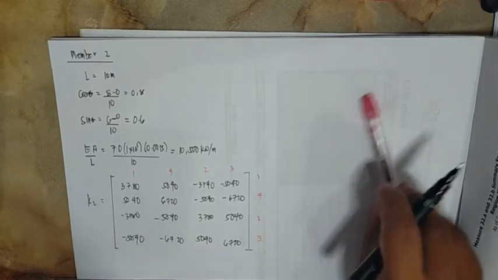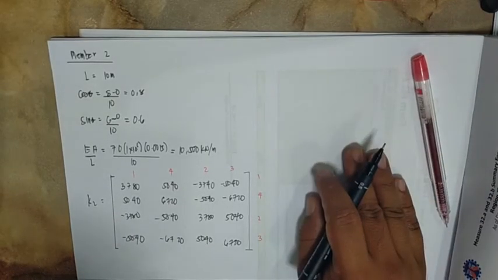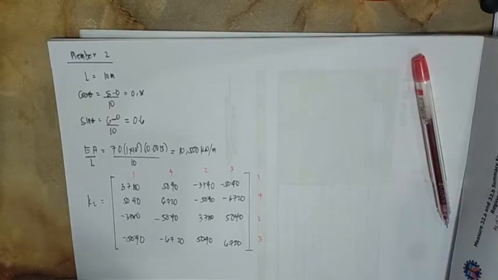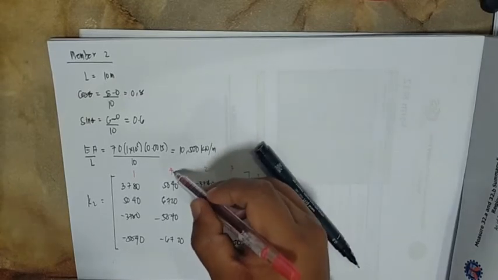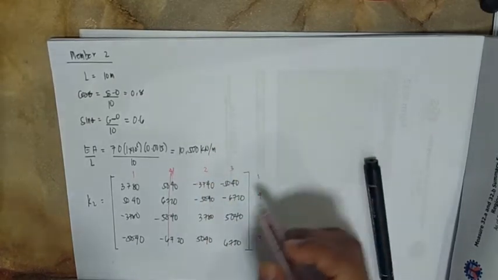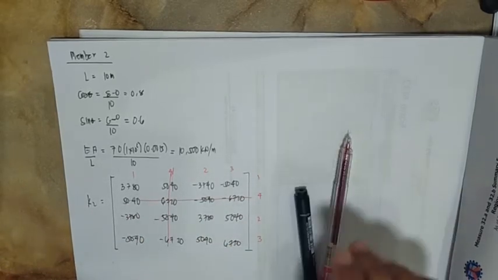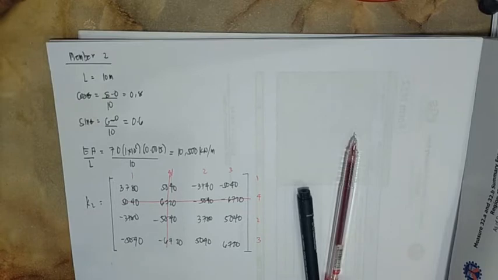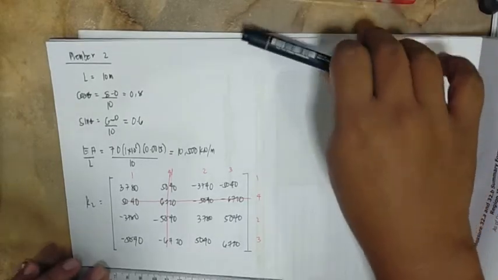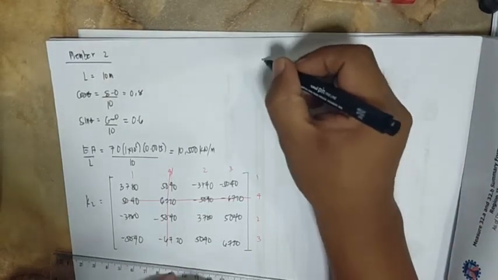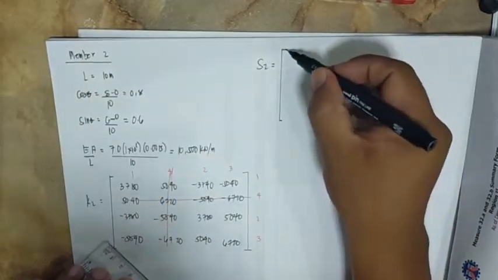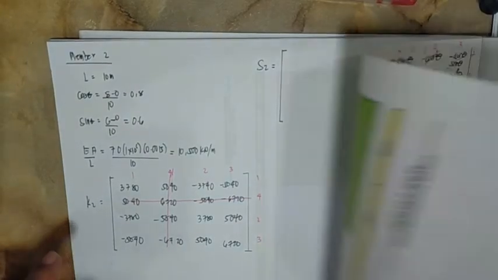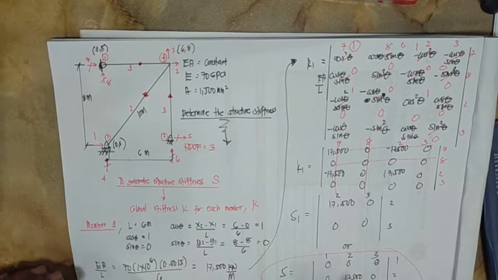So now, what we can learn here is, we focus on 1, 2, 3. We can now cancel out this one. 4. Right? And also 4. Okay? So now, instead of putting back S2 as it is, what we will do now is we will combine the one that we created in member 1 to member 2.